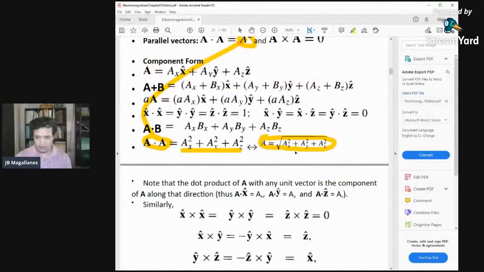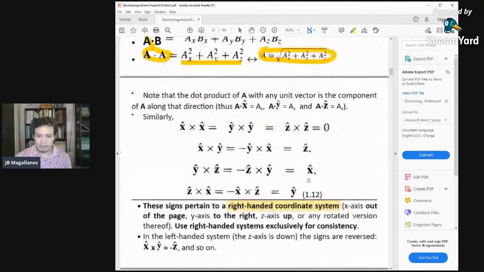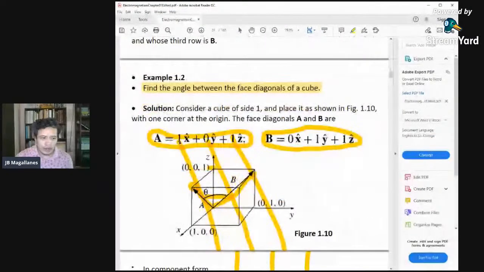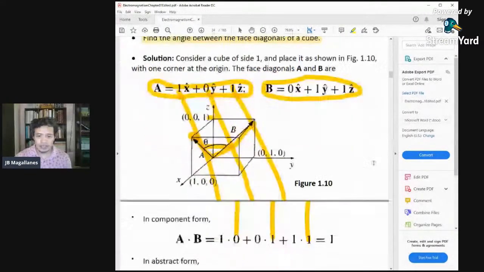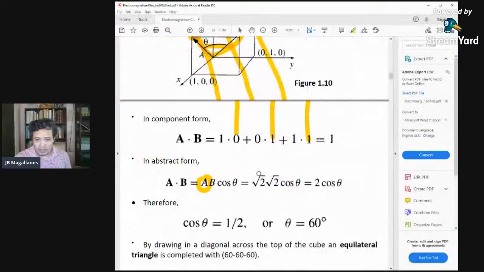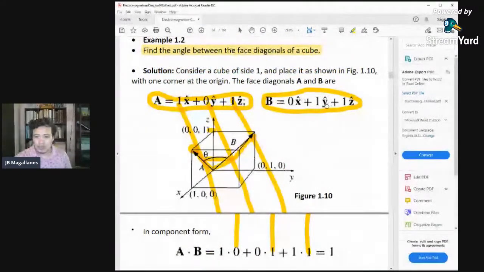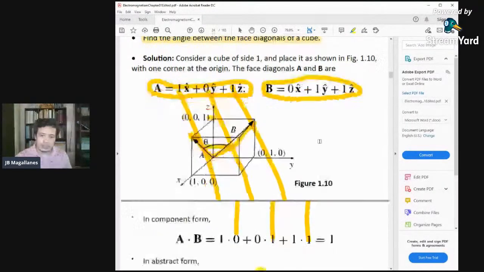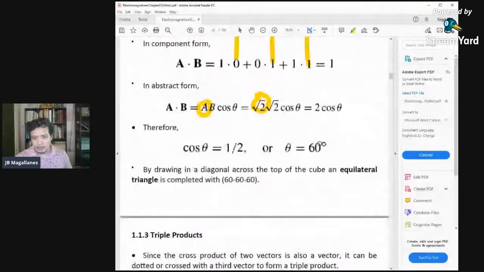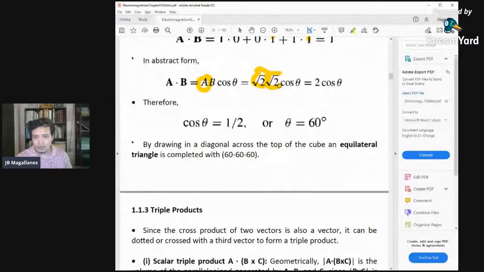This is 1 squared plus 0 squared plus 1 squared, which is equal to 2, and you get the square root of that. This is the magnitude of A. And for B, you have 0 squared plus 1 squared plus 1 squared. So you have 2, and then you get the square root as the magnitude of that, so you have square root of 2.